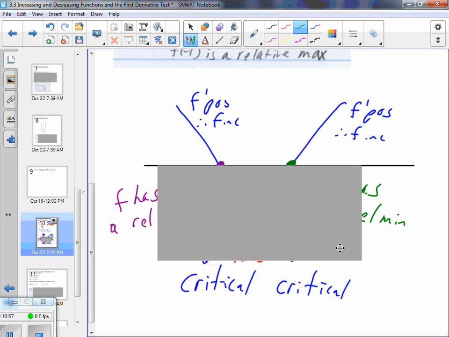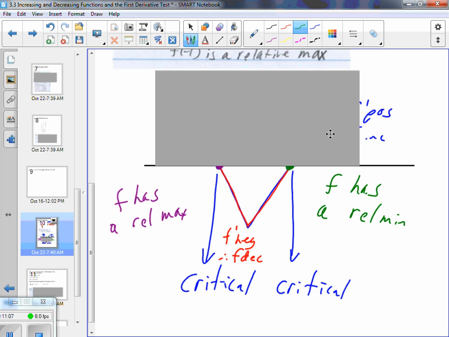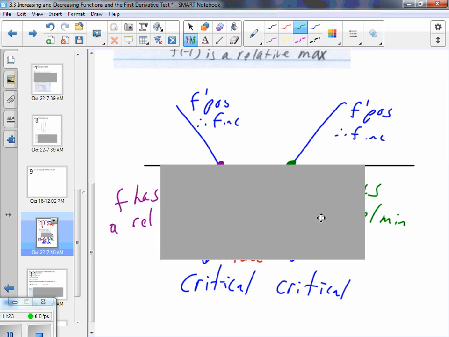So whenever f prime is above the x-axis, f prime is positive. Whenever f prime is positive, f is increasing. Whenever f prime is below the x-axis, f prime is negative. Whenever f prime is negative, f is decreasing. Does that help? Okay, I'll say it again because I like that. Whenever f prime is above the x-axis, that means f prime is positive. Whenever f prime is positive, f is increasing.